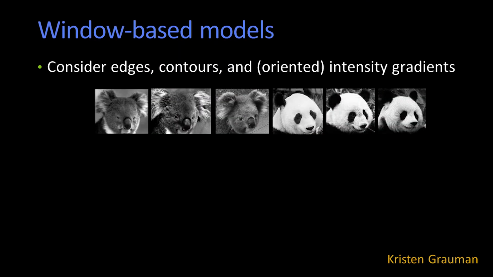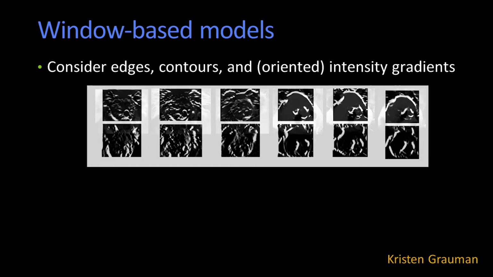And the idea was that gradients' corners were quite robust with respect to changes in illumination. So if we take our koalas and our pandas, we can consider edges, contours, the idea of these intensity gradients, right? Those things tend to stay where they are if I change the intensity. But of course, we do have this problem that as I move the image just a little bit, I might get shifts in the location of where those pixels are.